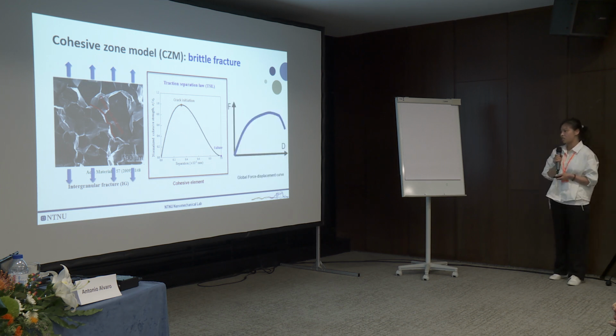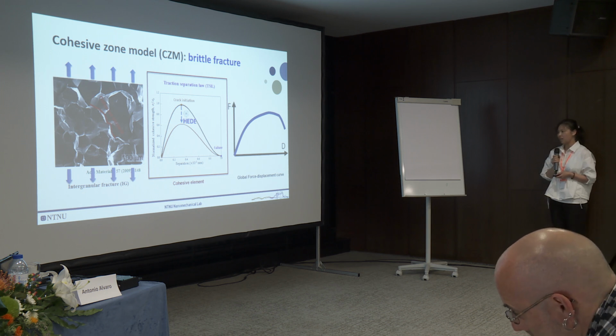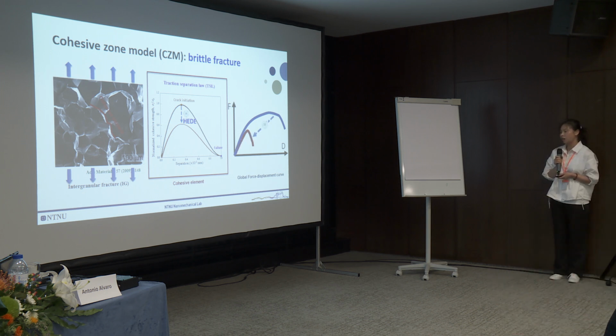This shows the global force displacement curve. With hydrogen, we can think that the stress needed to trigger crack initiation could be lowered based on the HEDE mechanism, and correspondingly, the global force displacement curve will have less ductility.